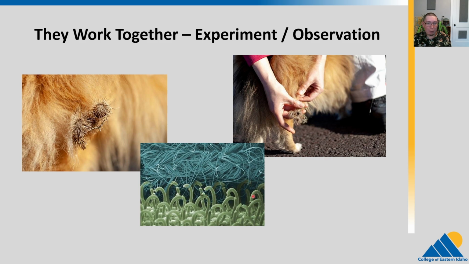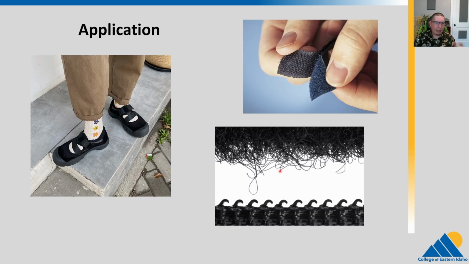This is an example of where biology has led to something that we call applied science. So we did basic research. We're like, hey, why do the burrs stick to the fur? That's our basic research there. But then we might want to apply that to something. So those of you that are maybe less fashion conscious and more into utility, you might wear Velcro shoes, or maybe you've used Velcro in other capacities.